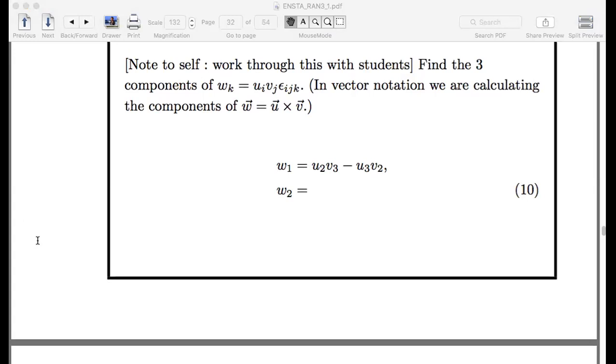can someone tell me the next term? Minus U1 V3. Okay. Plus U3 V1. Okay.